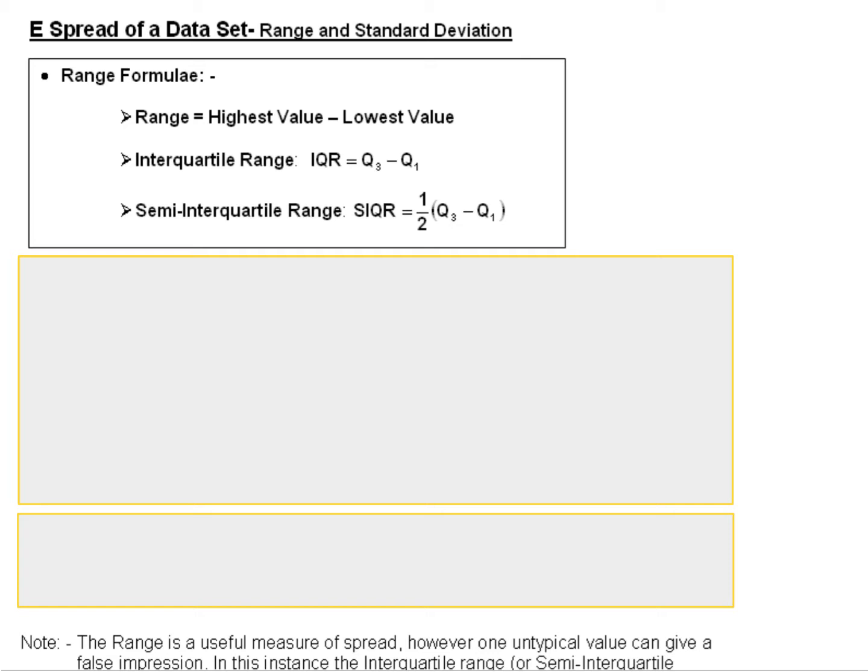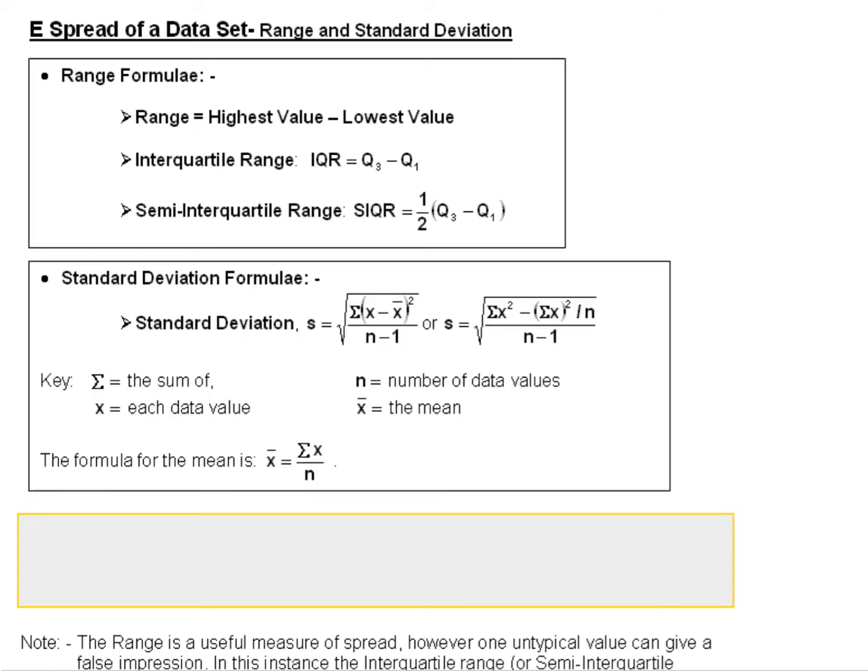Now the interquartile range and the semi-interquartile range go with the median. Whilst we work out the median, we work out our quartiles as well, and that gives us our interquartile range and our semi-interquartile range.